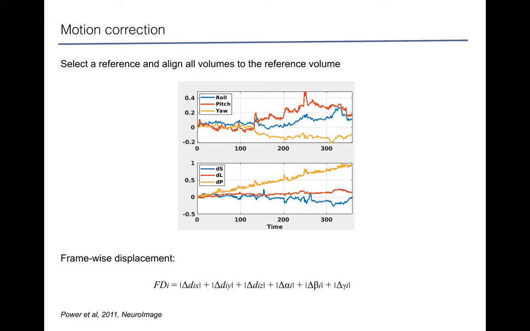One metric that I put here is called frame-wise displacement, which is showing the motion frame by frame in millimeter. So you can use that again later on to censor your data if you want to.